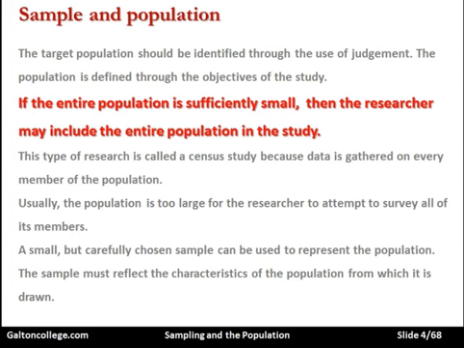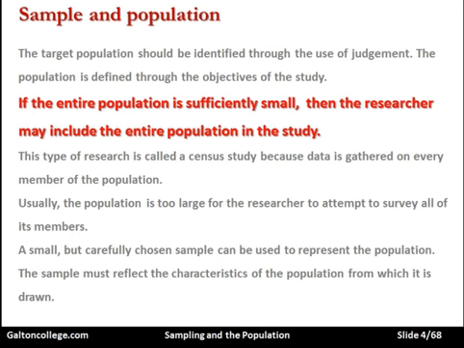If the entire population is sufficiently small, then the researcher may include the entire population in the study, in which case the sample is the population, or in other words, there is no sample. The entire population may be studied, but it depends on the size of the population. It also depends, of course, on the resources available for the research activity.